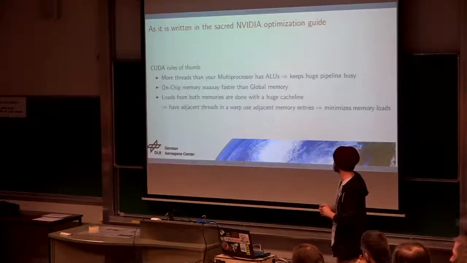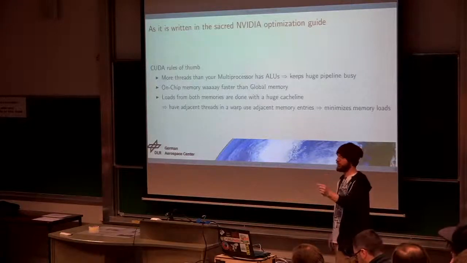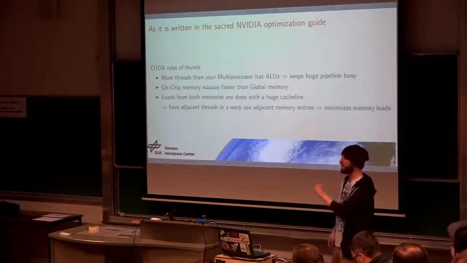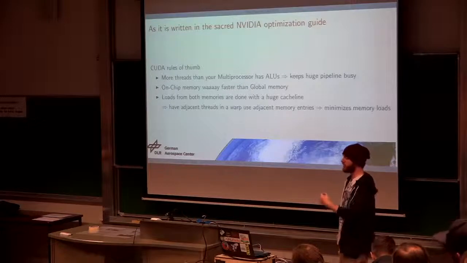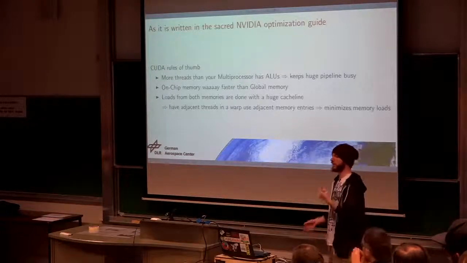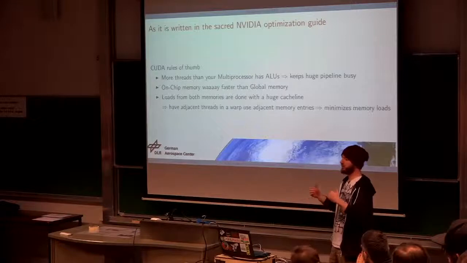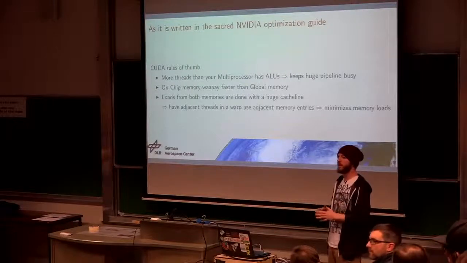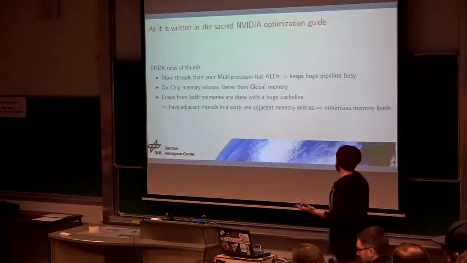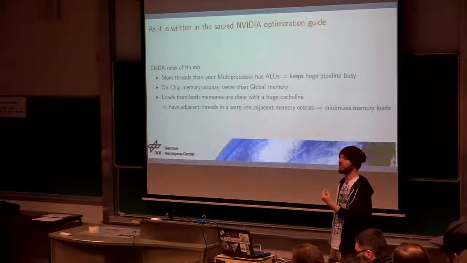Something that you also need to take care of, both for transitioning data from global memory to the shared memory and for accessing the shared memory, is that GPUs have, like CPUs, a cache line. The cache line is a bit bigger. If I recall correctly, the cache line is just big enough to provide all 32 threads in a warp with values in a single memory load if adjacent threads access adjacent memory.